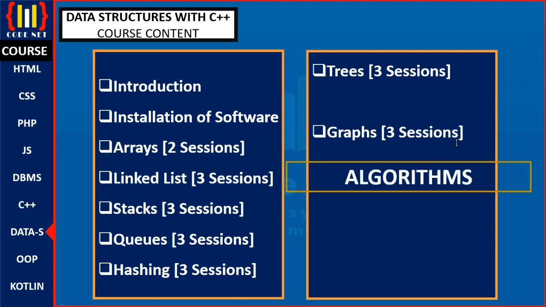Since this course is based on data structures and algorithms, there is also a need to understand what algorithms are. We all know an algorithm is simply a step-by-step way that we could use in order to reach a certain solution.